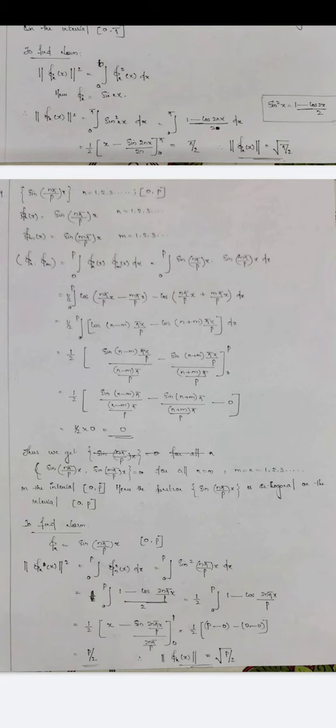Half times 0 is 0. Hence we prove that the given function is orthogonal. Thus (sin(nπx/p), sin(mπx/p)) is 0 for all n not equal to m, where n and m are 1, 2, 3, etc., in the open interval 0 to p. Hence the function sin(nπx/p) is orthogonal on the open interval 0 to p.